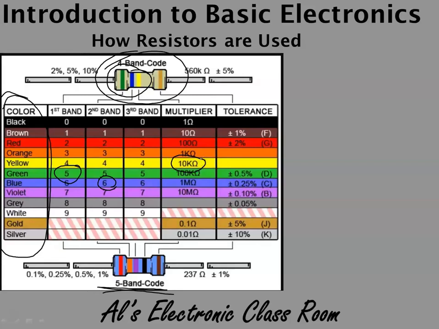All right, so what do we have? We've got 5, which is the first band color, 6, which is blue, and a multiplier of 10K. So I can multiply that by 10K. Previously I mentioned, K equals what? K equals 1,000, so I can do this: 56 times 10 times 1,000.